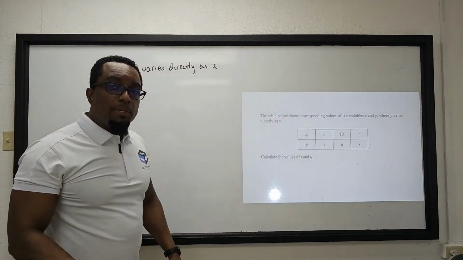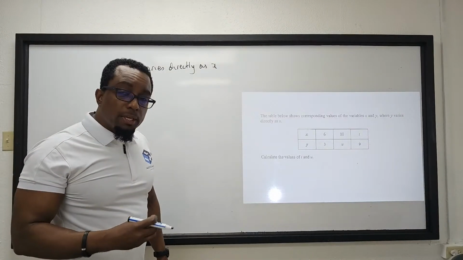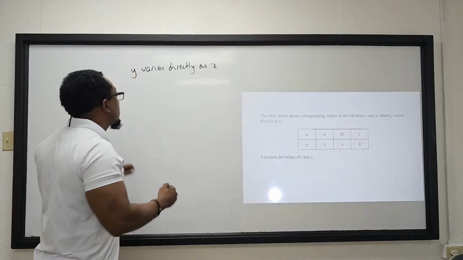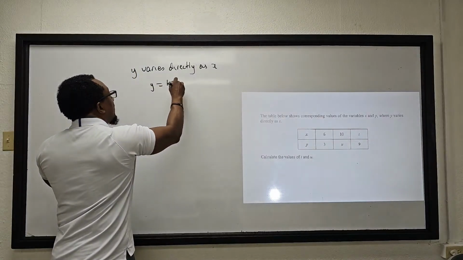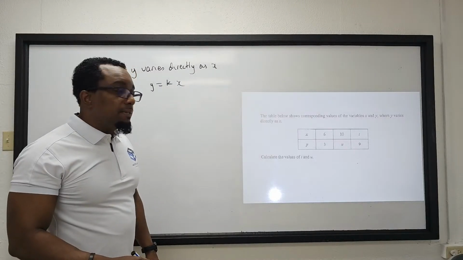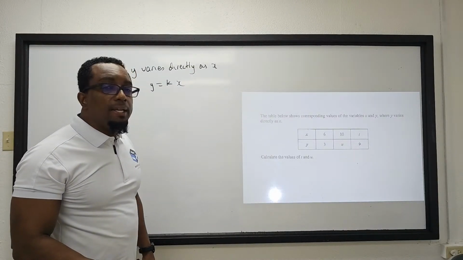So again, once it's a direct proportional relationship, direct variation, we establish an equation. That equation is what? y is equal to kx. And what we want to do is to determine the values of t and u.